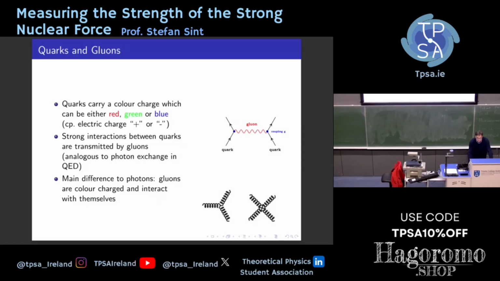So you have vertices which couple 3 gluons together or 4 gluons together. And that makes the theory very nonlinear. In particular, the superposition principle that you know from electrodynamics doesn't work in QCD. So you have a nonlinear behavior.